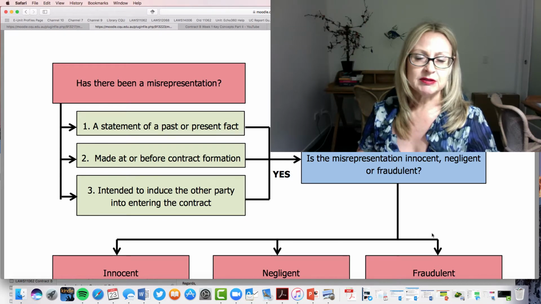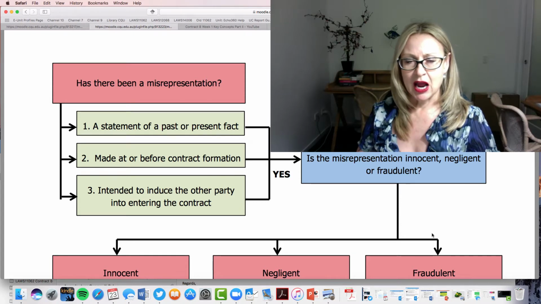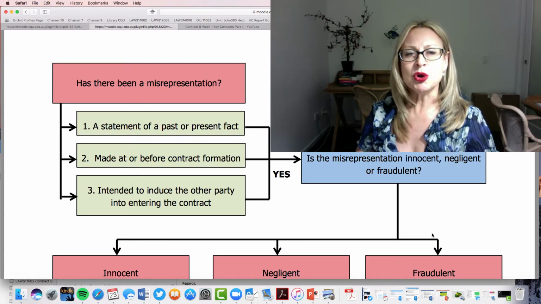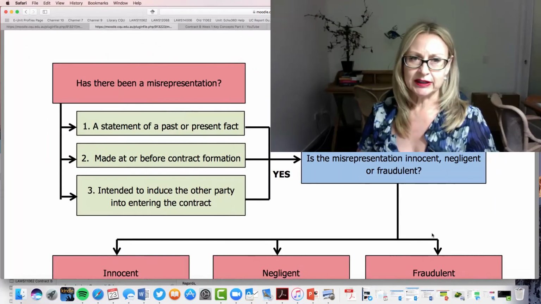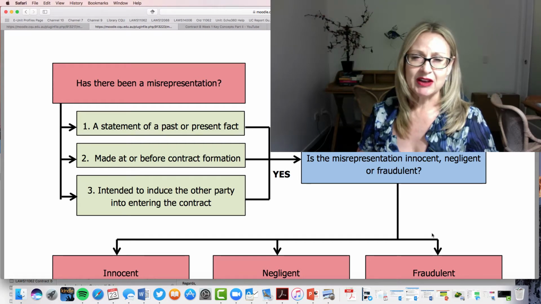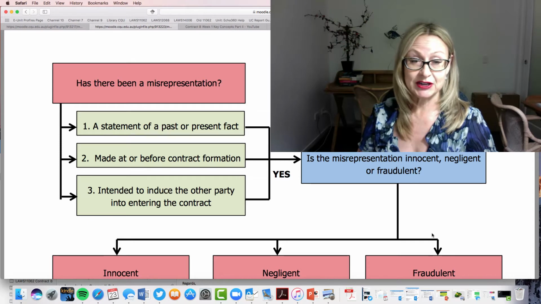Now, the first element there, statement of past or present fact, that's not all she wrote on this particular issue. Certainly, statements of past or present fact, if they are misrepresented, will be actionable. However, the text does go through a number of other scenarios where you may potentially have an actionable misrepresentation.